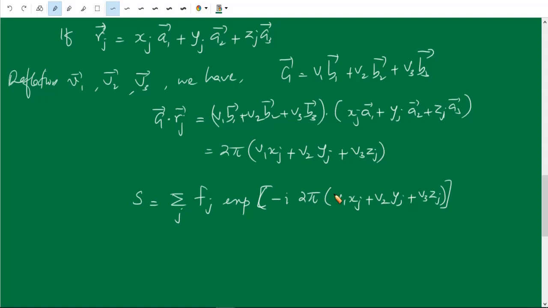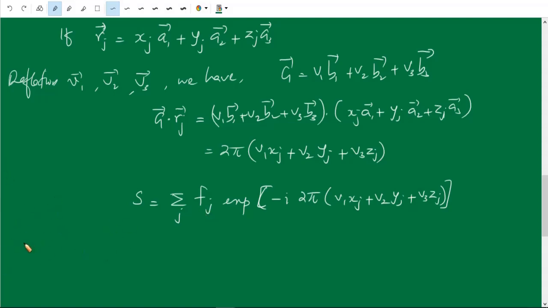So v1, v2, v3 are integers for a given crystal, that means Miller indices. So this is the contribution of the scattering amplitude from a cell, which is the superposition of the contributions from all the atoms in the cell.